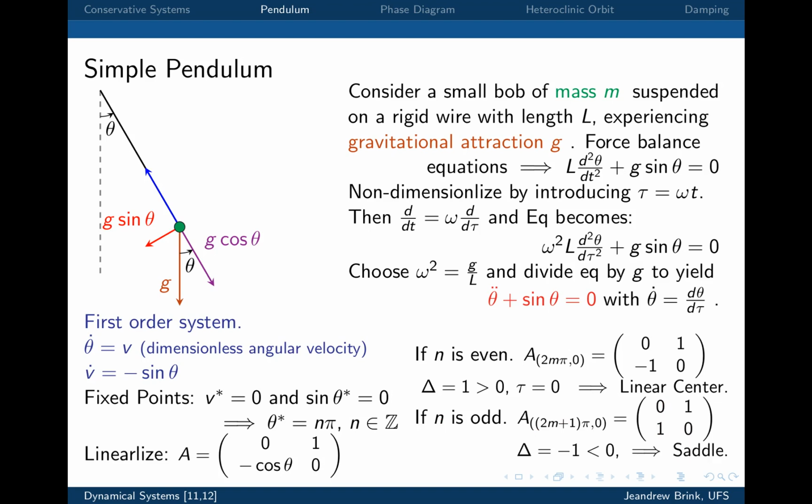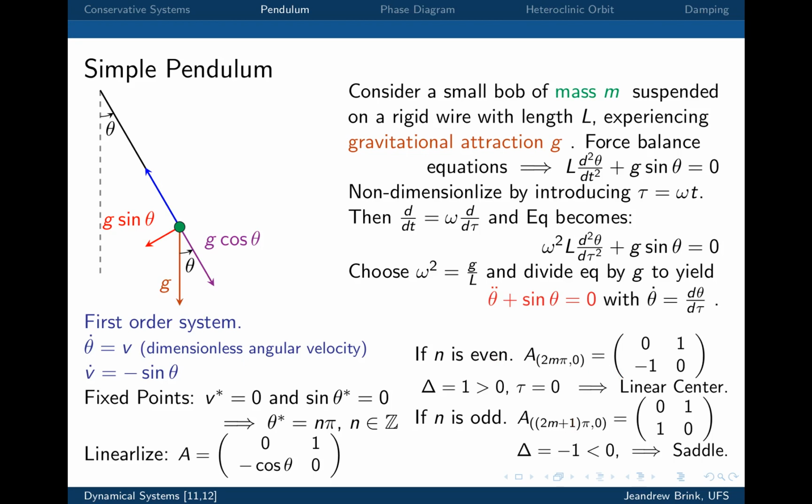Okay, so this you can do for any system, and you should already start getting clues that you can write down a conservative potential for this function. One, because it's of the form that we actually derived it for in general, in other words, x double dot is a function of x. But two, you've seen in your linear analysis, remember, that you only get centers and saddles, and this is indicative of a conservative system. So you can start suspecting that there must be one.